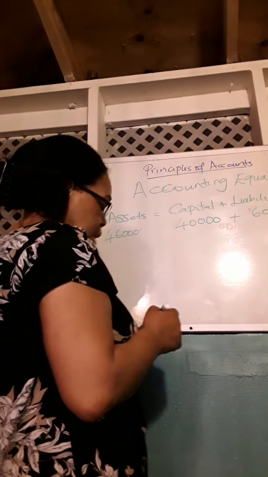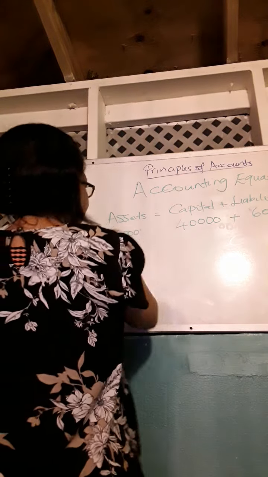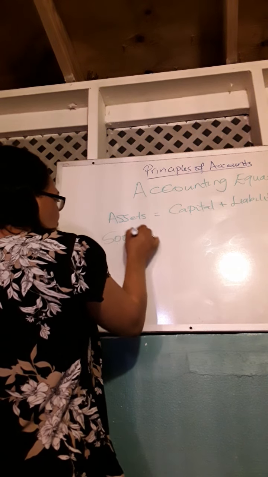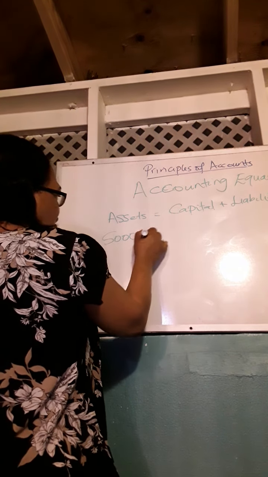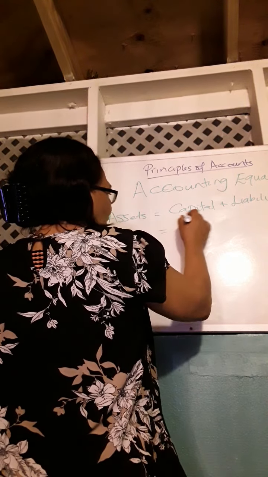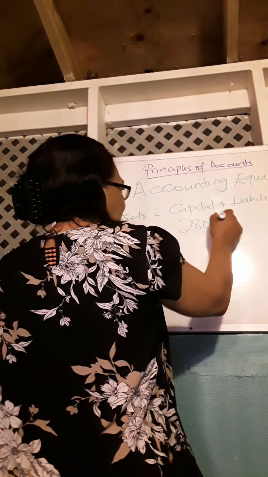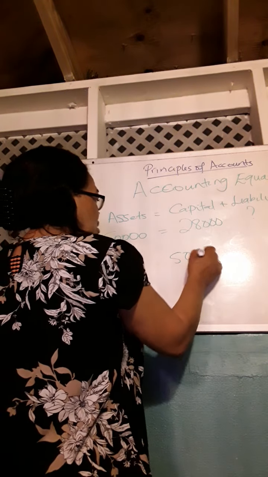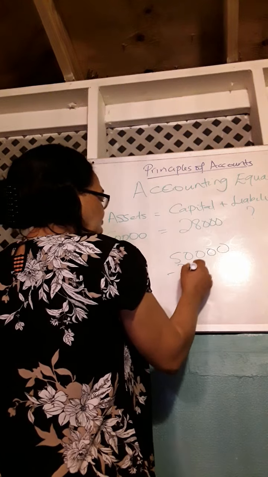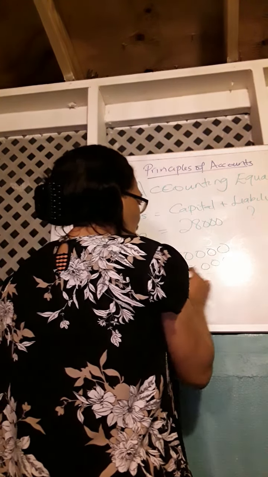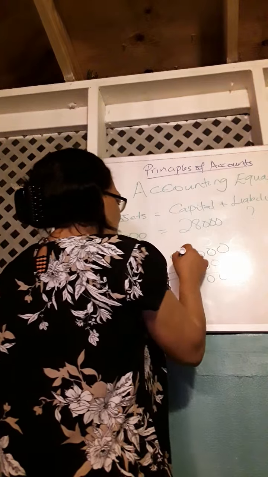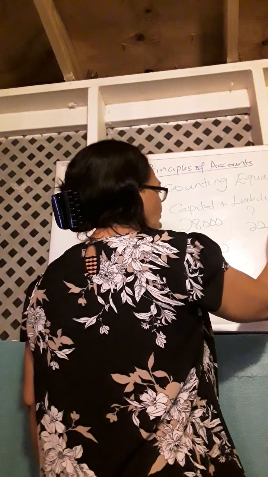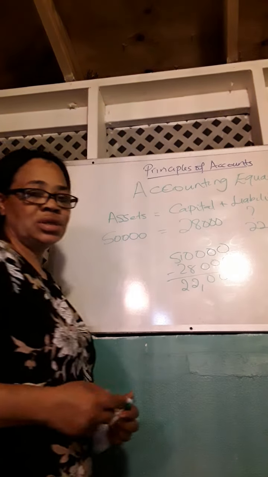Okay, now what if they give me asset as $50,000, and they tell me that capital was $28,000, and they ask me, so what is my liability? I'm going to take 50,000 and subtract 28,000, and I'm going to be left with $22,000. So my liability would be $22,000.